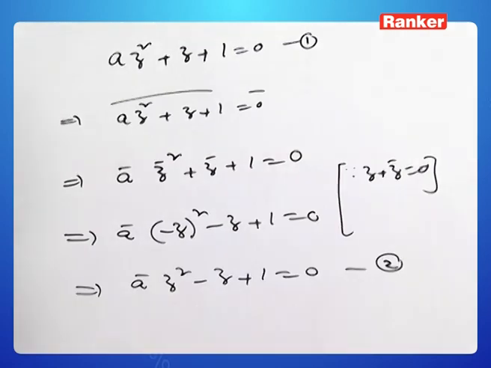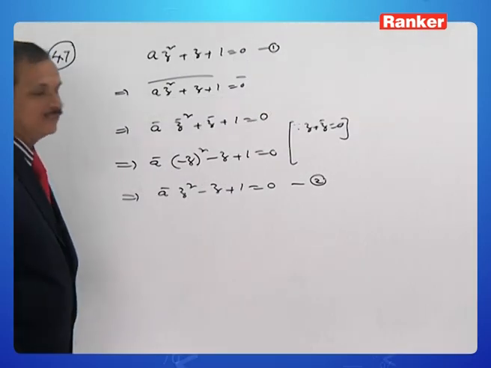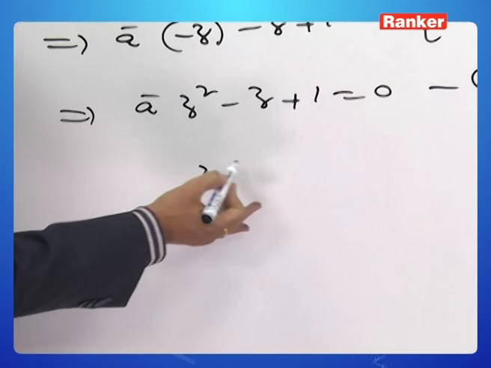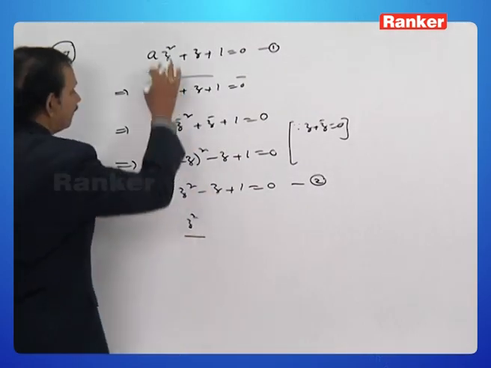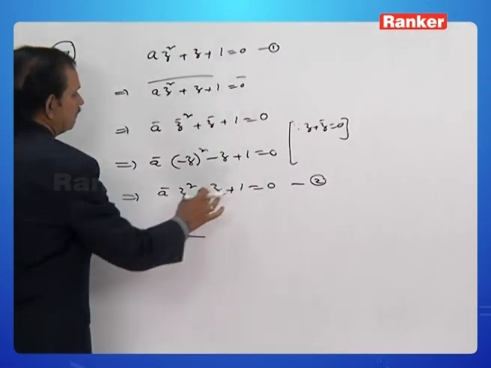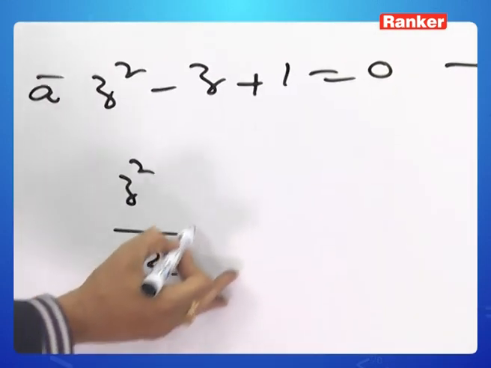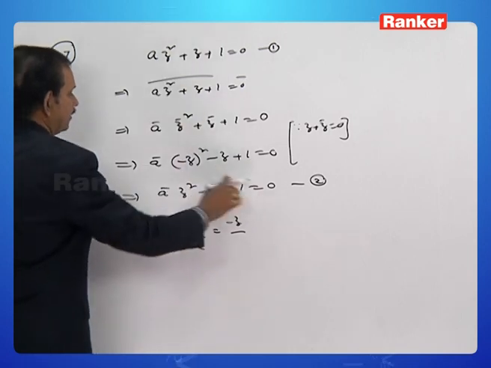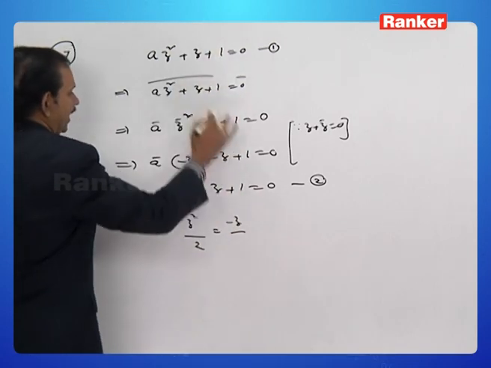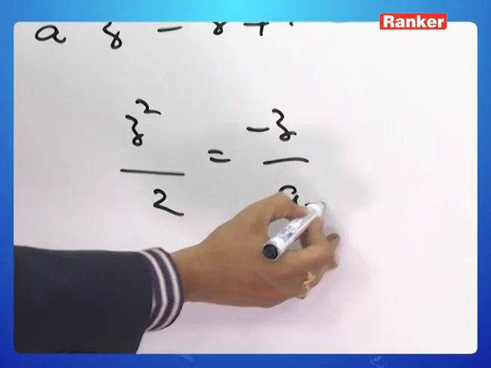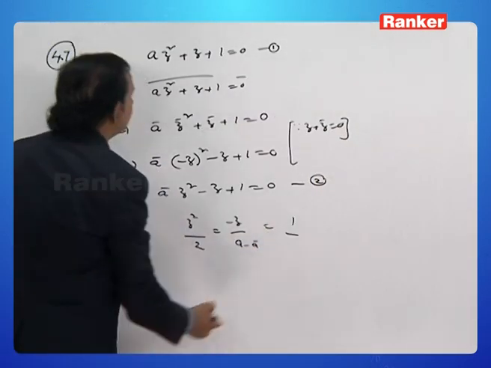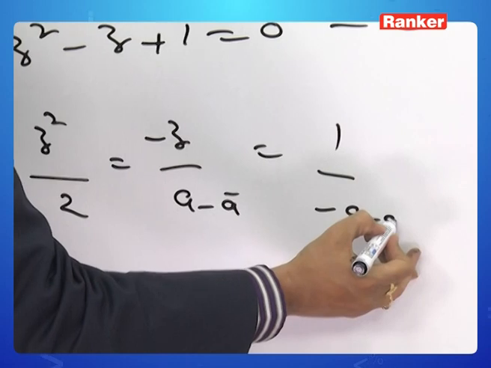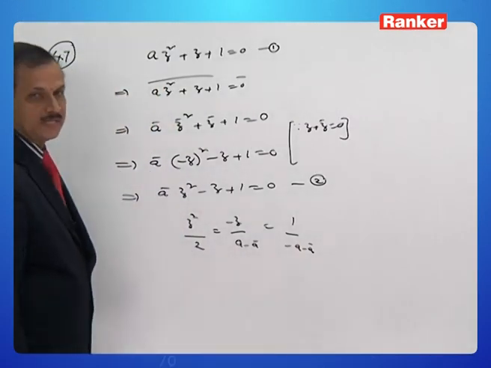Let me use the cross multiplication method, or Cramer's rule, whatever you call it. z square by 1 minus of minus 1, 2, minus z by a minus a bar is equal to 1 by minus a minus a bar.